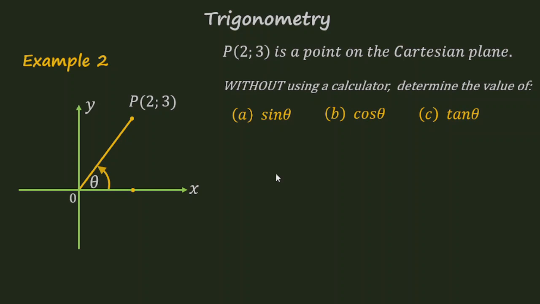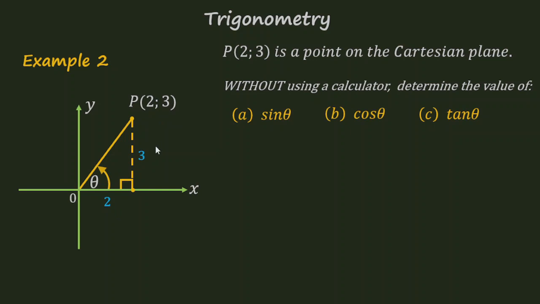First, let's complete the right-angled triangle by joining point P to the x-axis. If we place the coordinates of P on the sides of this right-angled triangle, we will have 3 as the opposite side to theta, and then we'll have 2 as the adjacent side to theta. This is the x value, this is the y value.